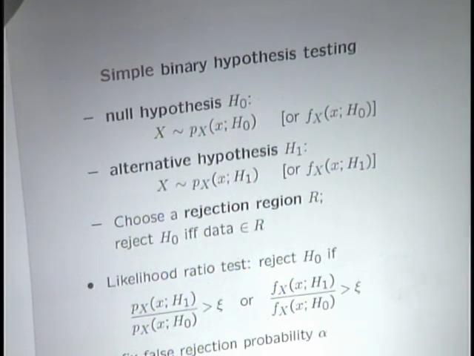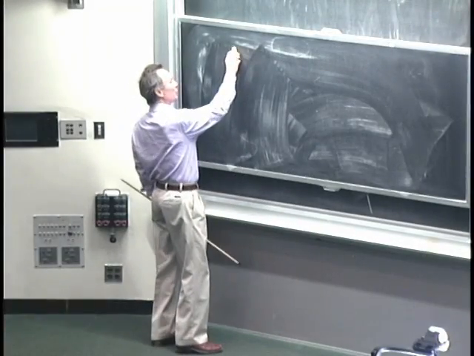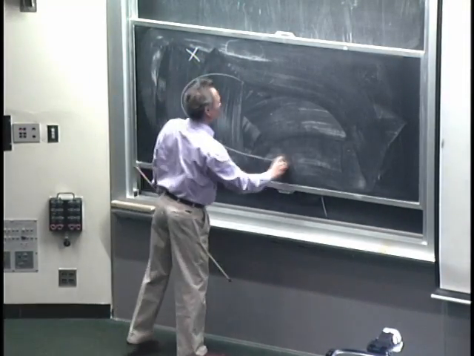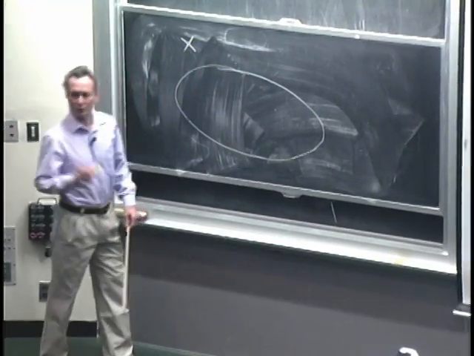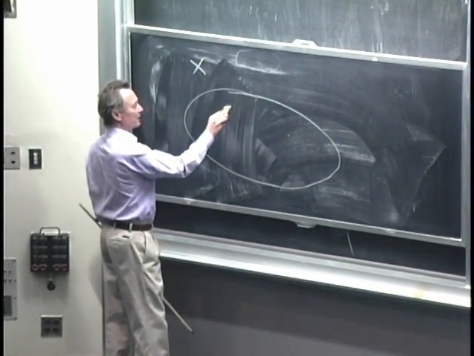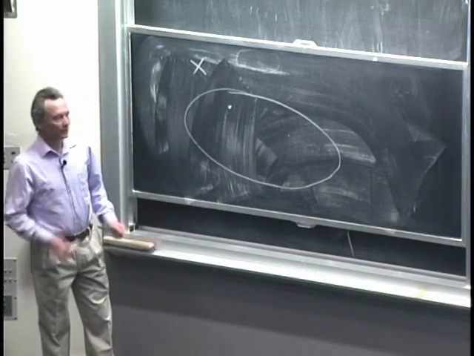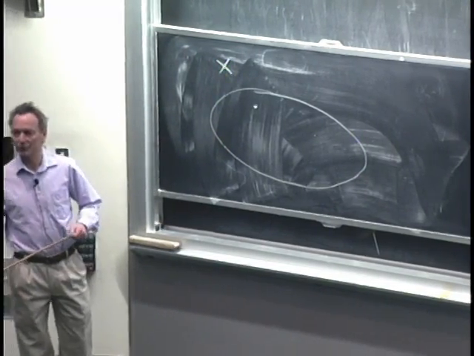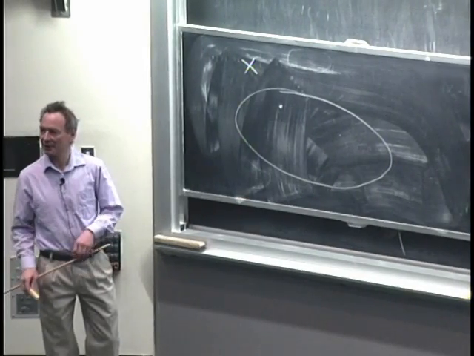No matter what approach you use, in the end, you're going to end up doing the following. You have the space of possible observations that you may obtain. So when you do the experiment, you're going to get an X vector, a vector of data that's somewhere. And for some vectors, you're going to decide that you accept H naught. For some vectors, you reject H naught and you accept H1.